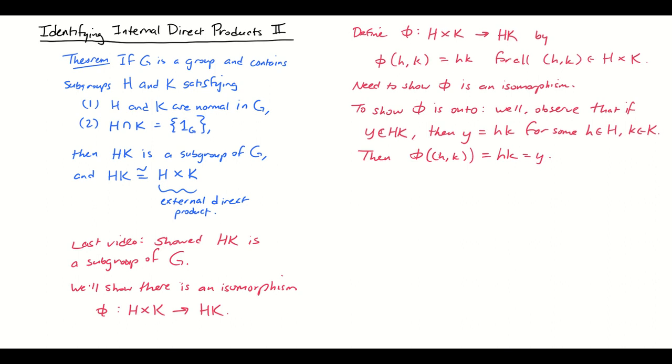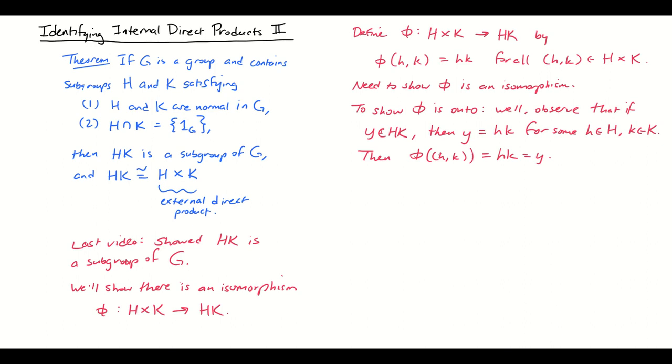So really, just by definition of what HK is, we know that this map is onto, because anything that's in here is going to be something from H times something from K, and then once we know that, we know exactly what ordered pair gets sent to it. So phi is onto, and that's not really such a big deal.